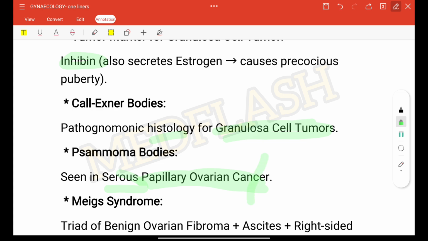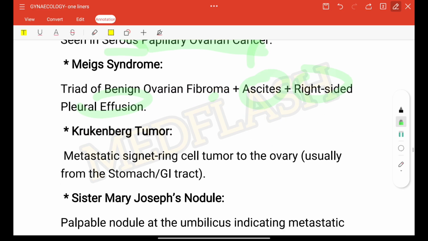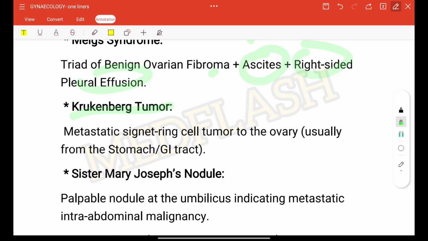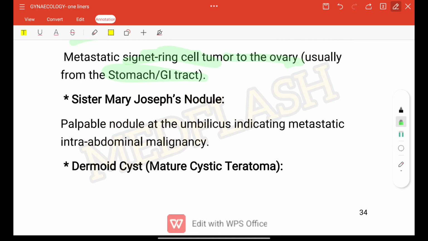Meigs syndrome, triad of benign ovarian fibroma plus ascites plus right-sided pleural effusion. Krukenberg tumor, metastatic signet ring cell tumor to the ovary, usually from the stomach or GI tract. Sister Mary Joseph's nodule, palpable nodule at the umbilicus indicating metastatic intra-abdominal malignancy.